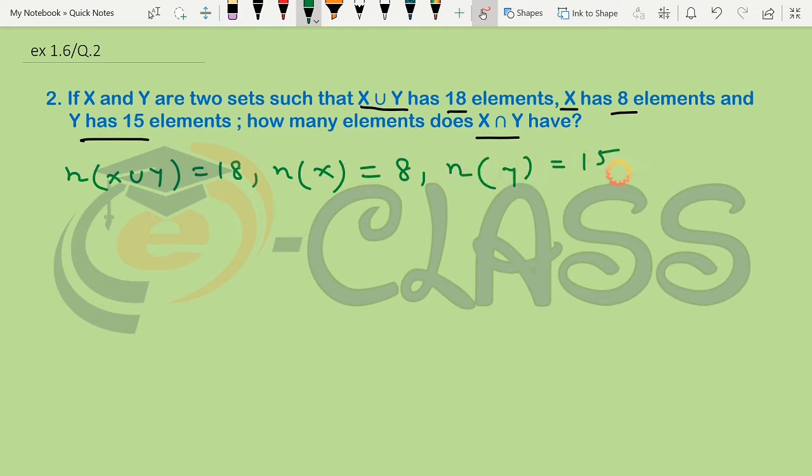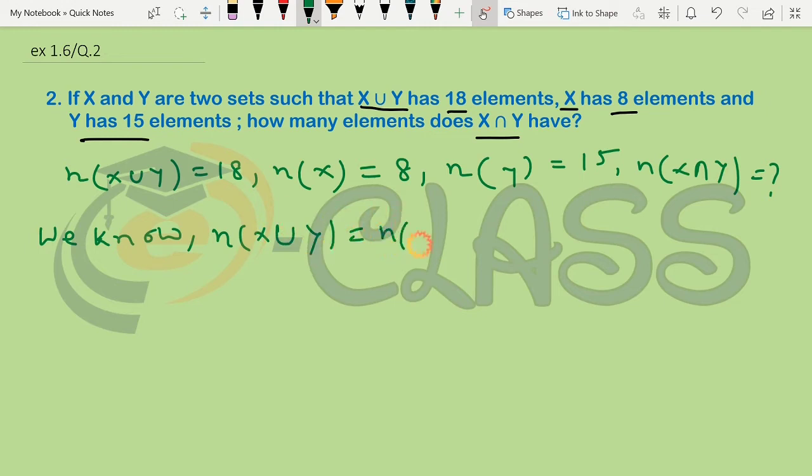You have to find the number of elements in X intersection Y. So we know the number of elements in X union Y equals the number of elements in X plus the number of elements in Y minus the number of elements in X intersection Y.